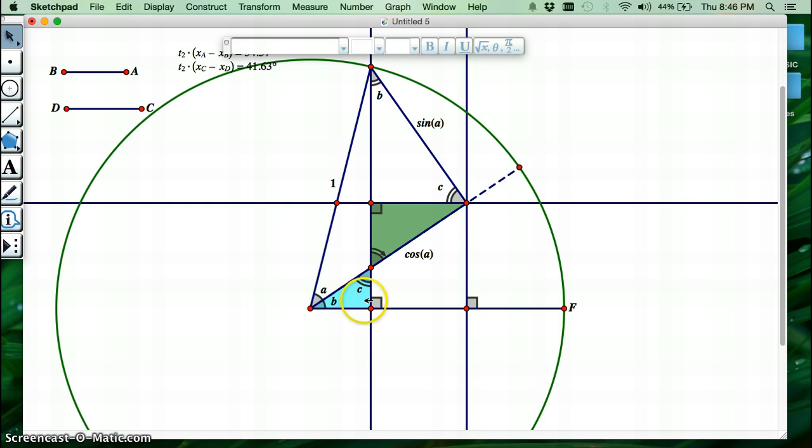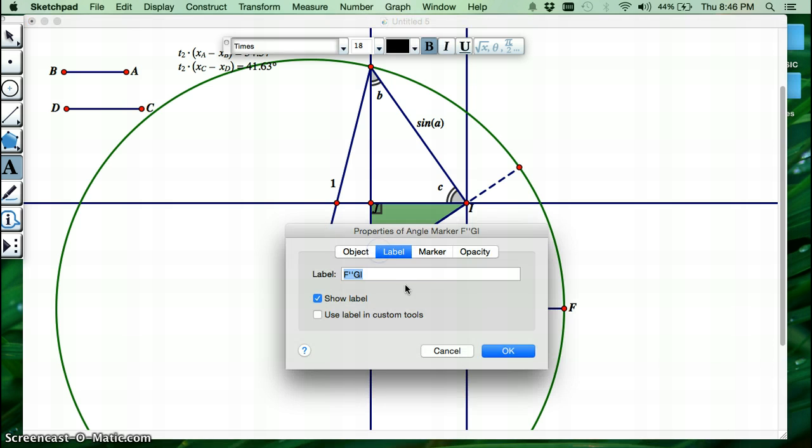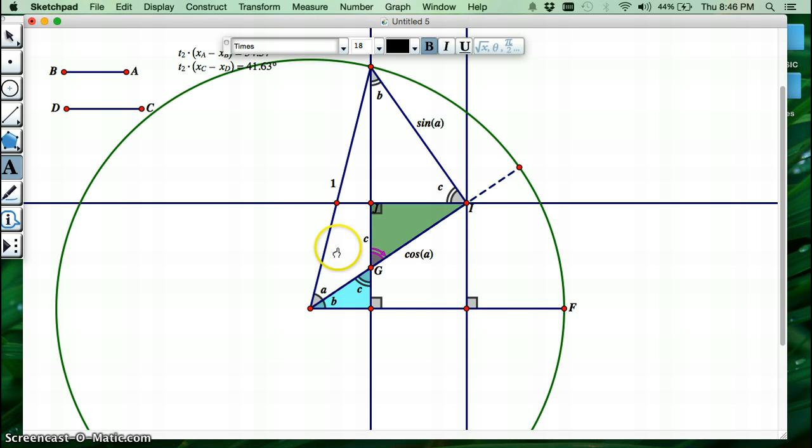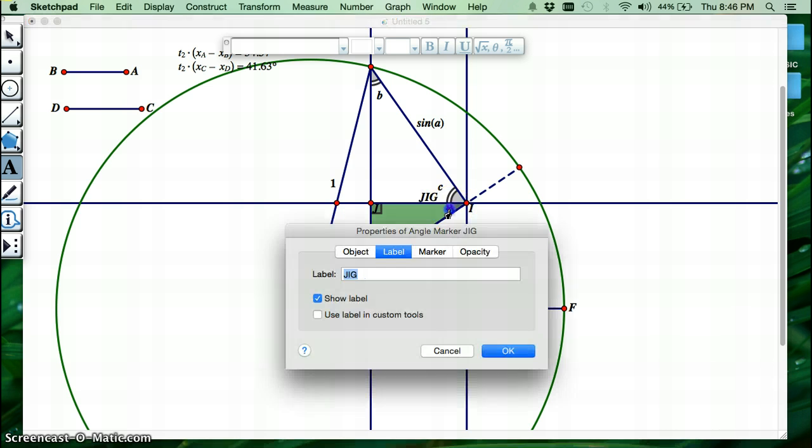And because this is a right triangle, and this is also a right triangle, if this is C, then the angle on the outside has to be B. So that's C, and the angle on the other side, right here, should be angle B, or beta.